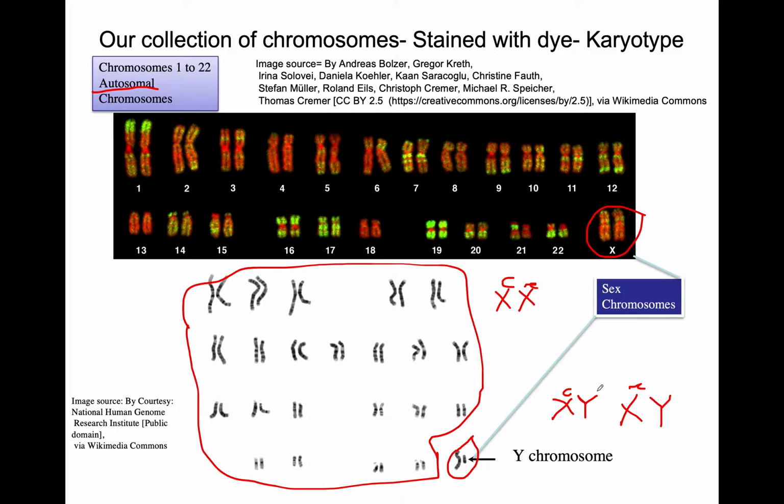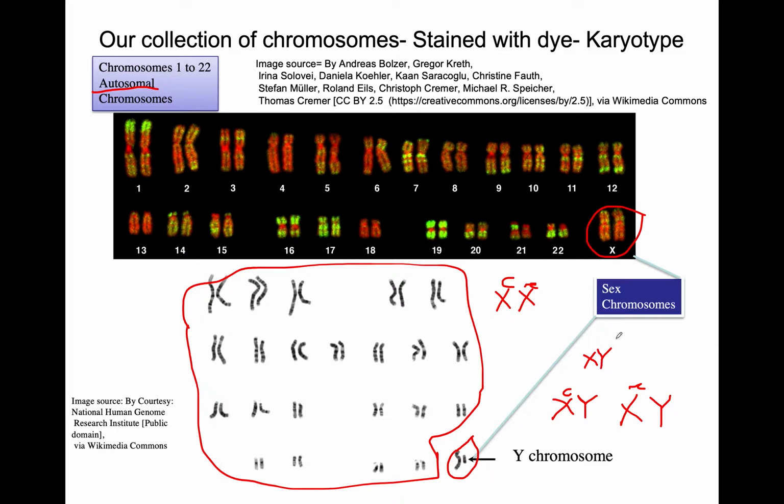Genes that sit on the Y chromosome, well, obviously since only males have a Y chromosome, they're only going to express that gene. So then the superscript goes on the Y chromosome. And we don't really run into many situations where the gene is on the Y chromosome.